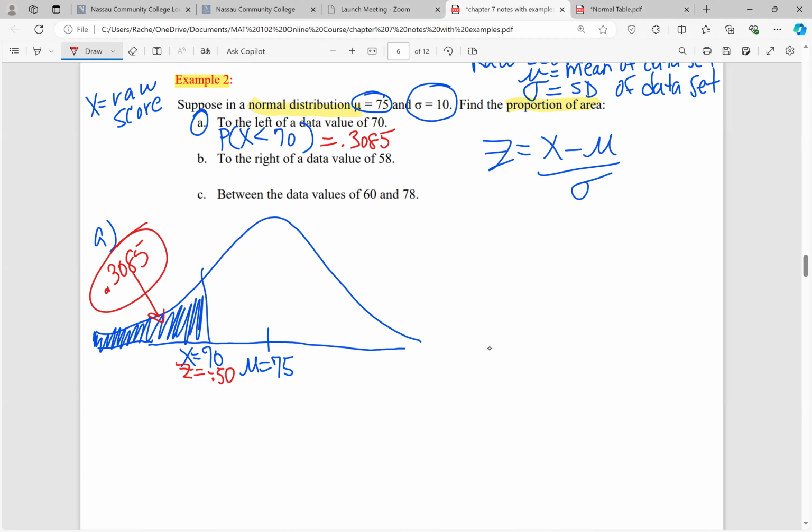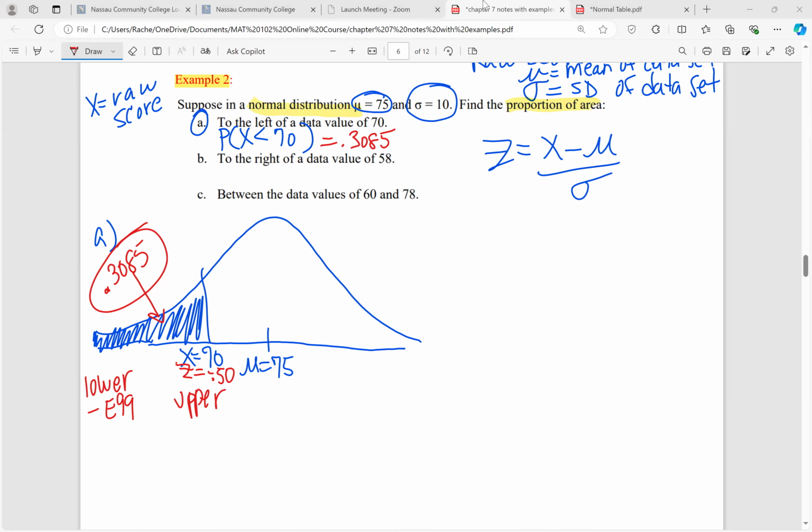Now lower, we're coming in from the left, so my lower is going to be negative infinity. For my upper, I could do this two ways. I could either use the raw score of 70, or I could use the z-score of negative 0.5. We just have to use the appropriate mean and standard deviation. So let's do this both ways.